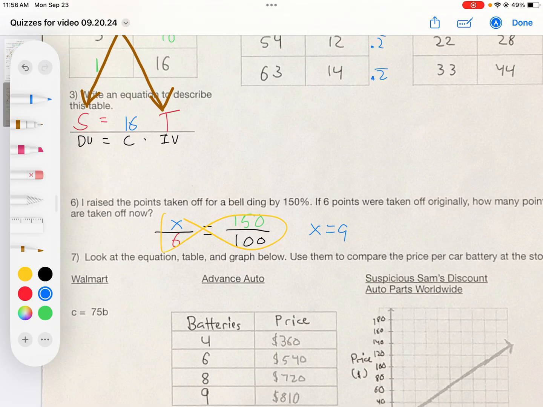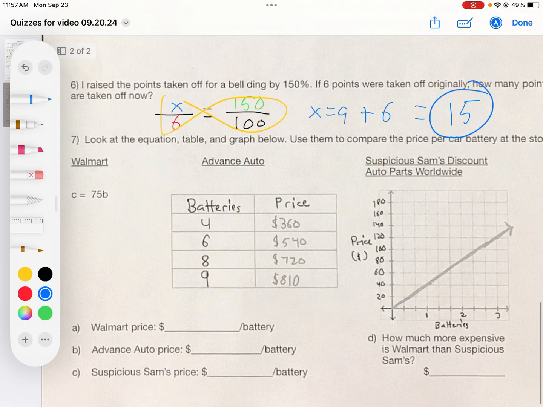This is not just asking how many points I raised this thing by, it's asking how many points it is worth now. So I'm just going to add back the original 6 points for a final answer of 15. And again, if you put 9, I gave you 8 out of 10 because you did the percent correctly. You just forgot that last step that you could have gotten from the question.